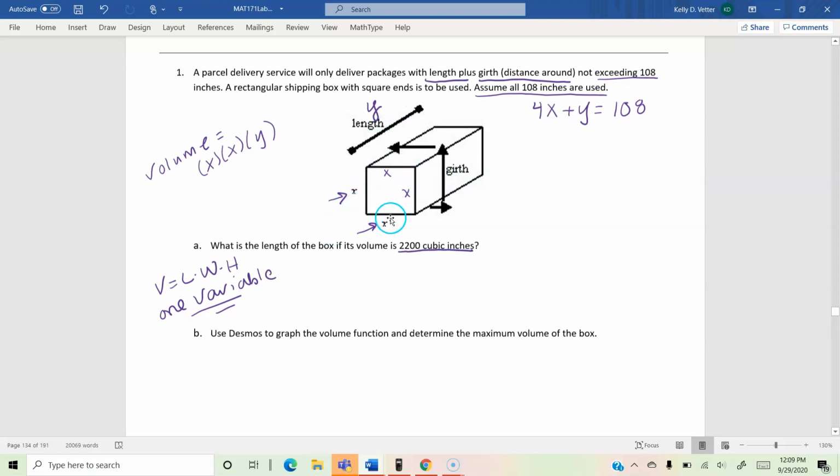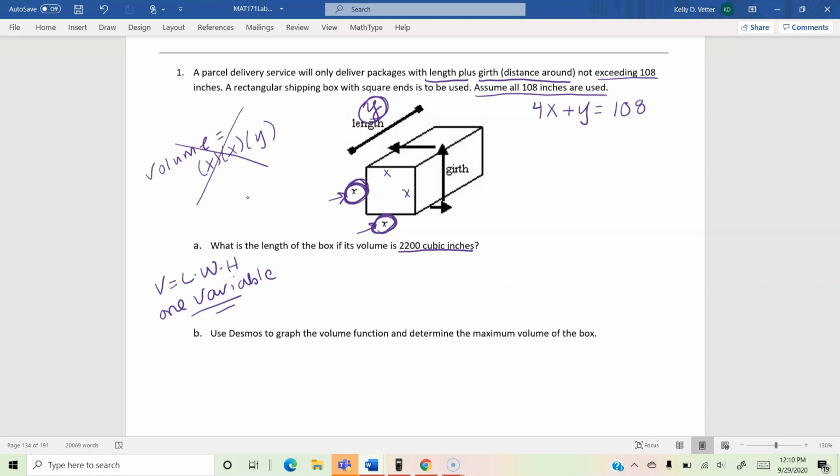If you're calling y your length, then this x here can be your height, and this can be your width. And so they're thinking of x times y as the volume. Well, this is using x's and y's, and we only need one variable. We can only have x's or we can have y's, but we can't have x's and y's.